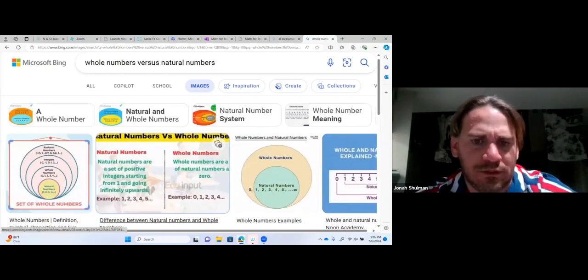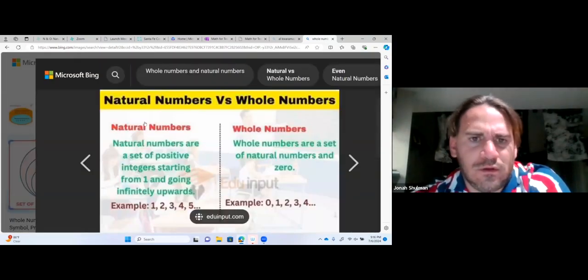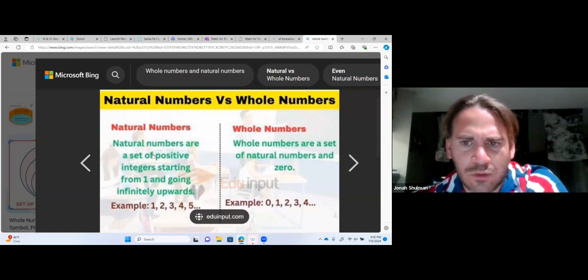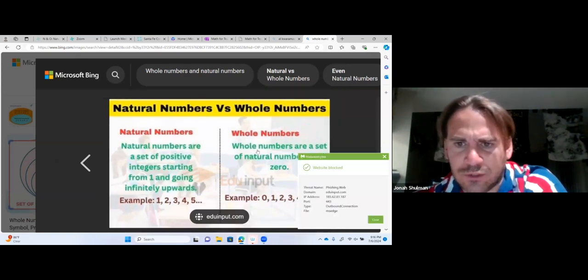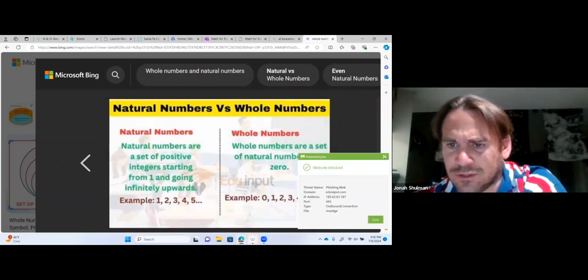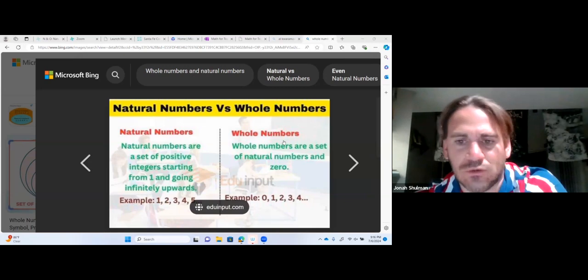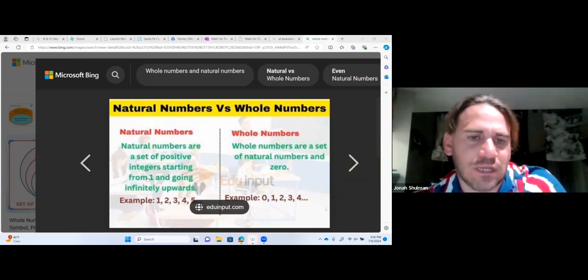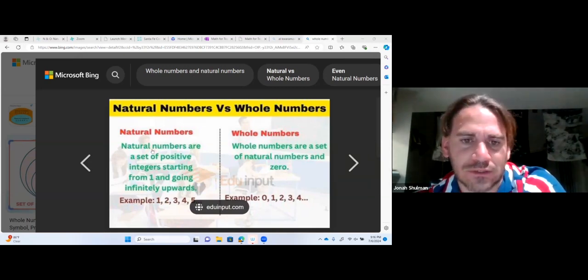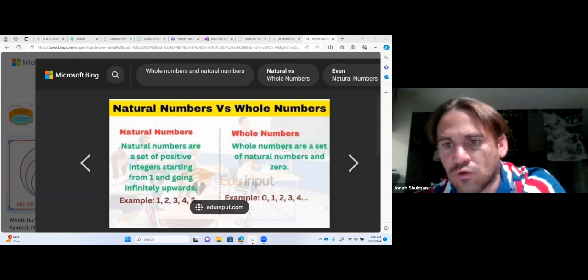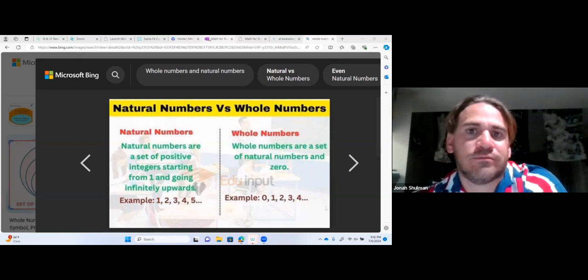All right, here's the difference. Natural numbers are all the positive ones, and whole numbers are all the positive ones, but with 0. Cool, I knew one had 0 and one didn't. So natural numbers is everything positive from 1 upwards. Whole numbers are just everything positive, but including 0.